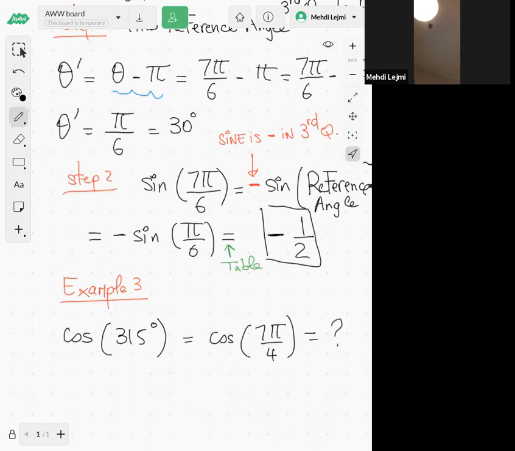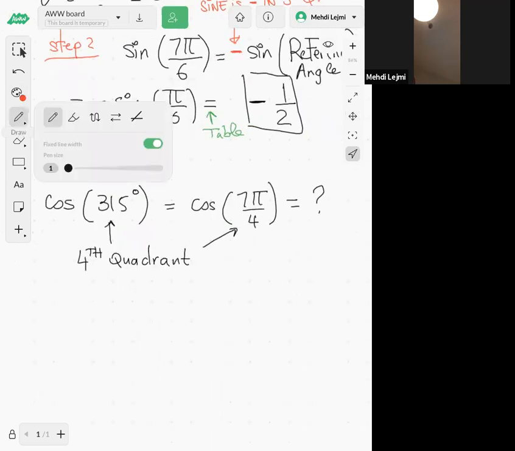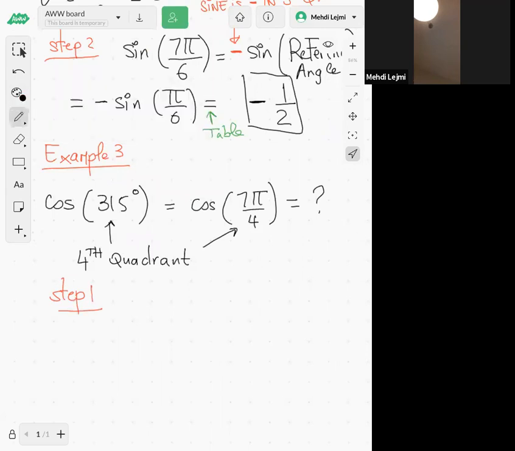315 degrees is, of course, in the fourth quadrant. So you are in the fourth quadrant. Then step 1, find the reference angle theta prime.